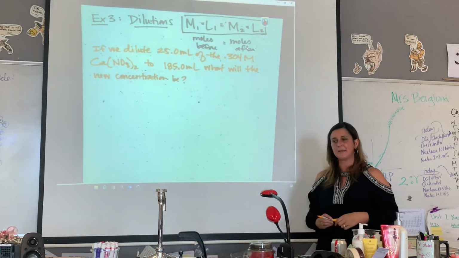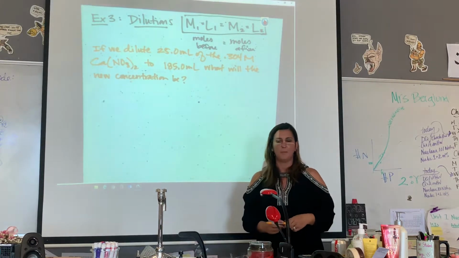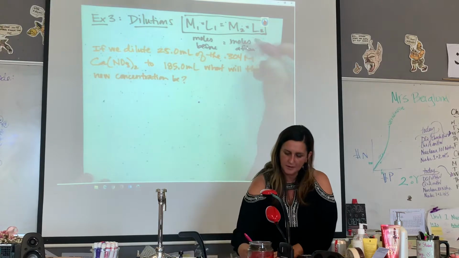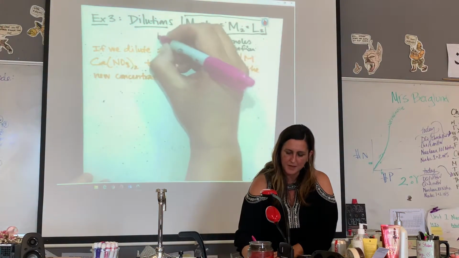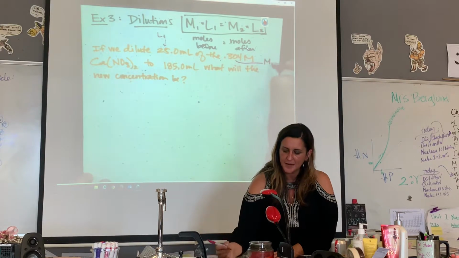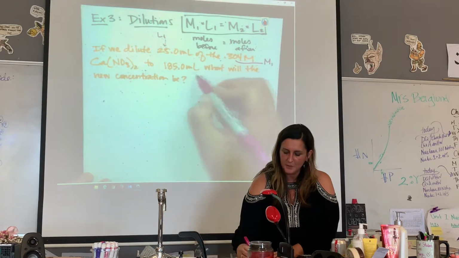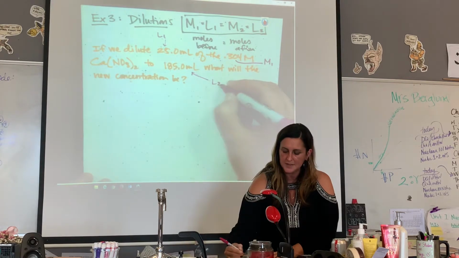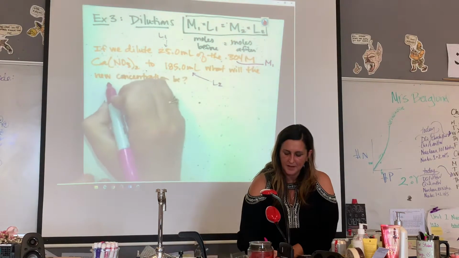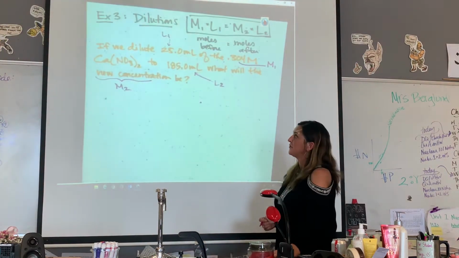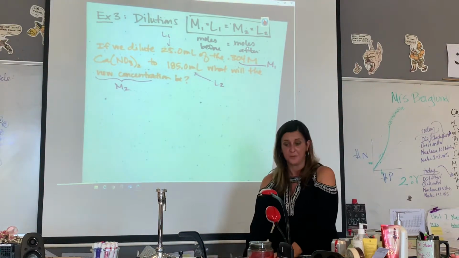Let's go through and identify what we know. We are given an initial volume, so this is L1. We're also given an initial molarity, M1. We're given our secondary volume, L2. And the phrase new concentration we should identify as M2.